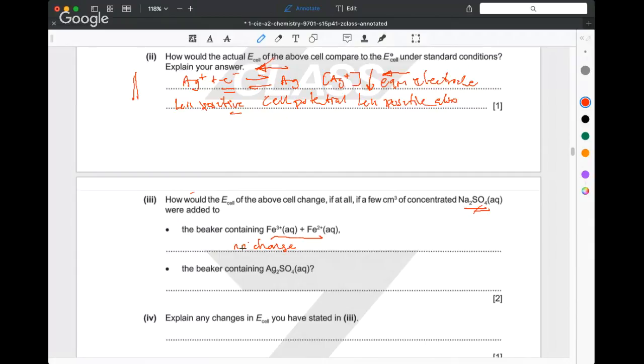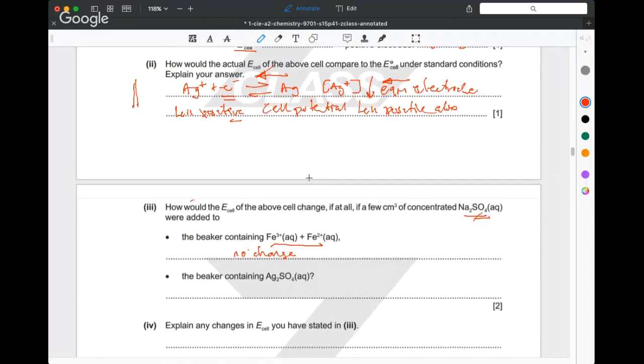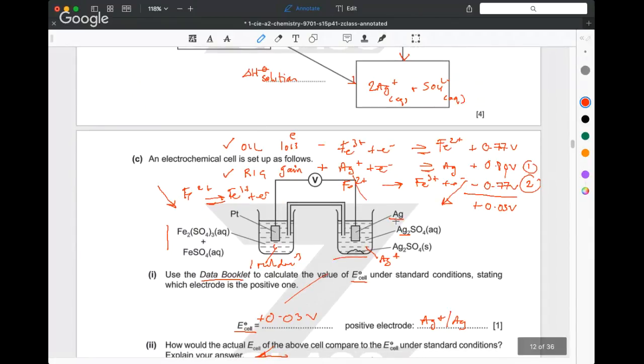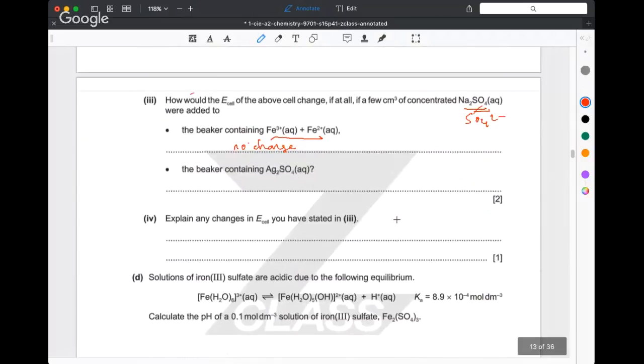But when we add the sulfate to the beaker on the right-hand side, over here, then what's going to happen is, when we increase the sulfate ion concentration, remember there's an equilibrium to form solid silver sulfate. As we increase the sulfate ion concentration, this equilibrium is going to shift towards the right-hand side.